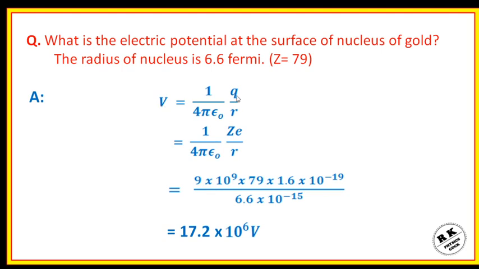When Q is mentioned, the atomic number is given. When atomic number is given, the total charge becomes Z times E, where E is the charge present on an electron. So 79 times 1.6 times 10 raised to minus 19 coulomb will be the total charge present on the gold nucleus.